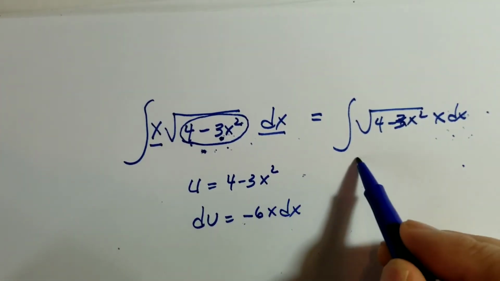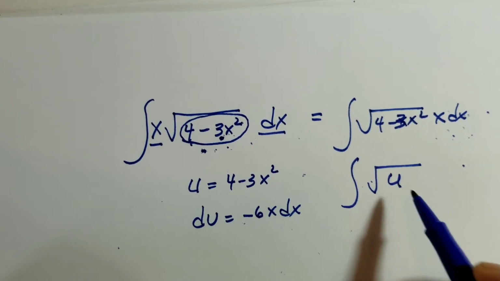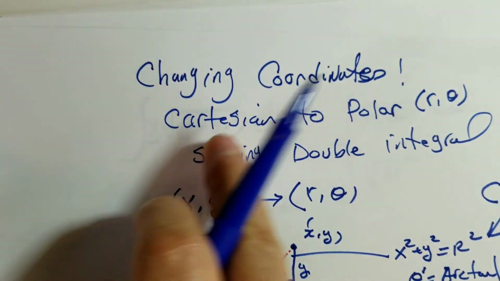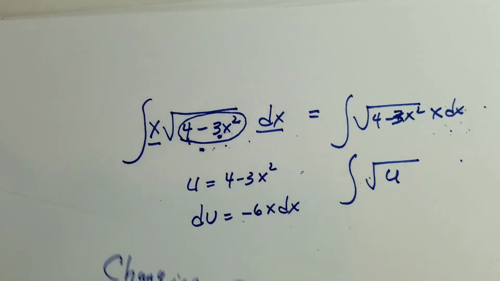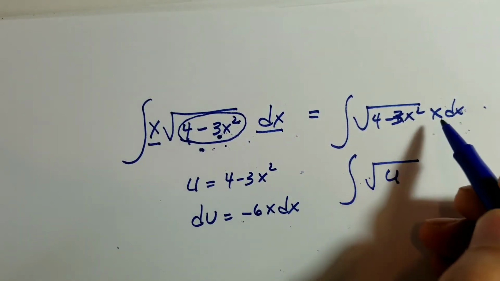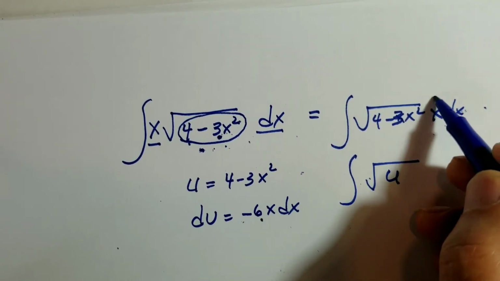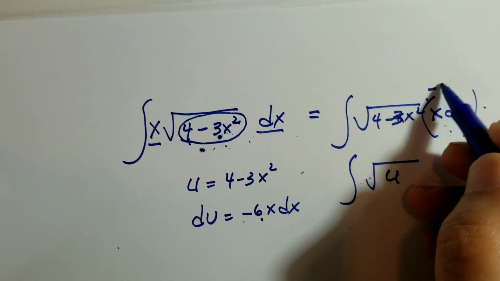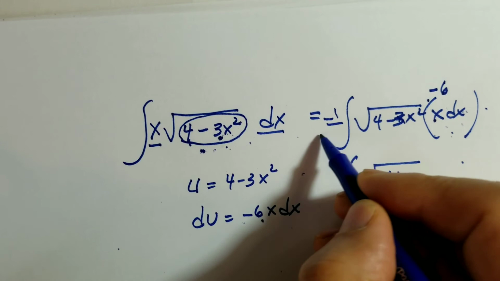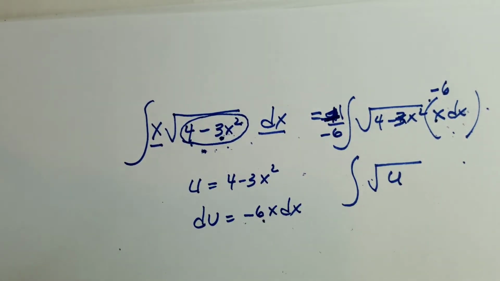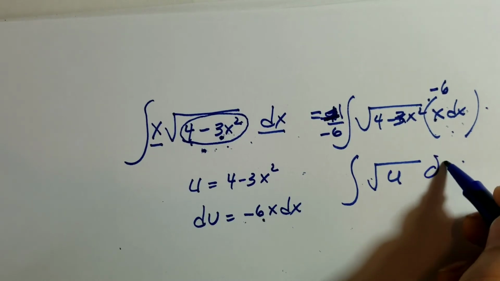But if I want to do u substitution, basically I'm changing what? I am changing the variables in here. I didn't change the coordinate here. I'm changing the variables. But when I change the variables, instead of du, I make negative 6x. I multiplied the inside by negative 6 and divided the outside by a negative 6. That's the plus 1. And that becomes a du.